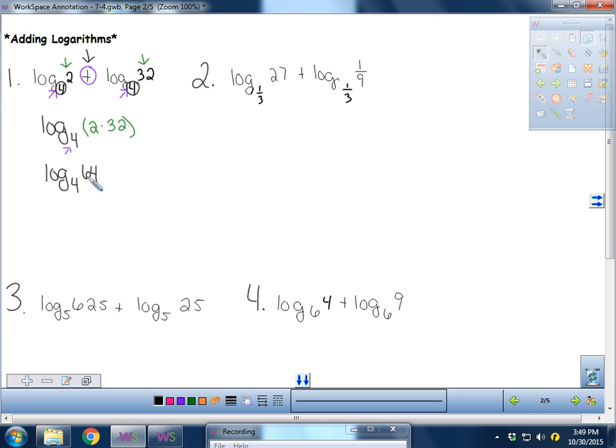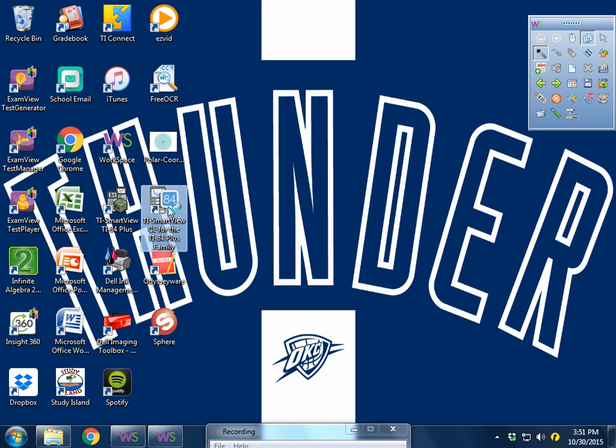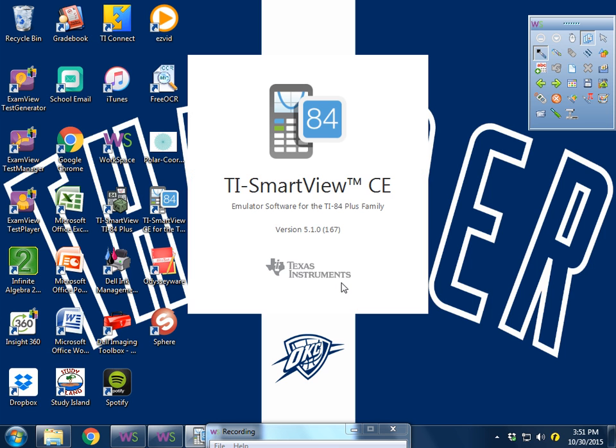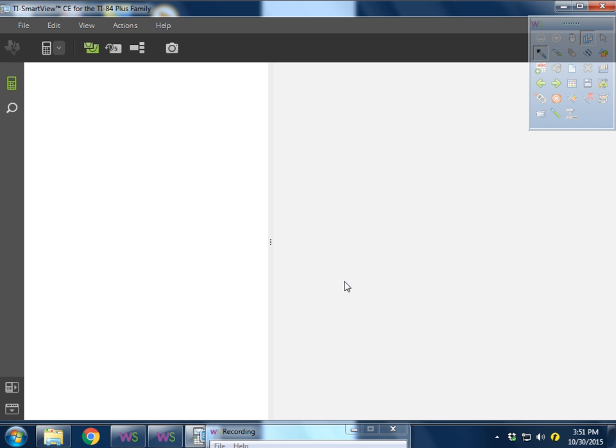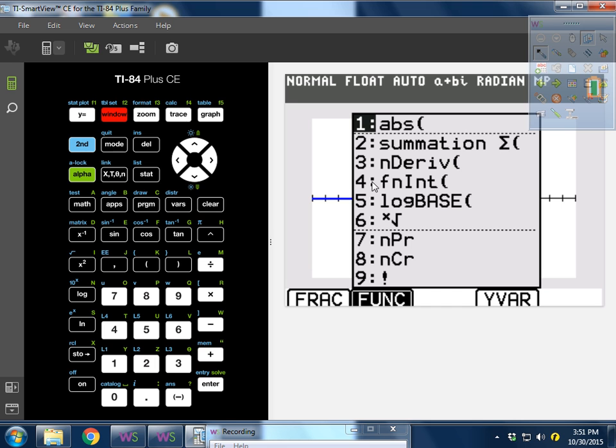Now remember, if you're thinking mentally, this is 4 to what power is 64, but you do have a calculator that you can pull out. Let me grab mine real fast. Remember, you can do a change of base if you want to and do log 64 over log 4. It's really not needed. If you do alpha window, you can do log base, which is option 5, and plug it in just like it was.